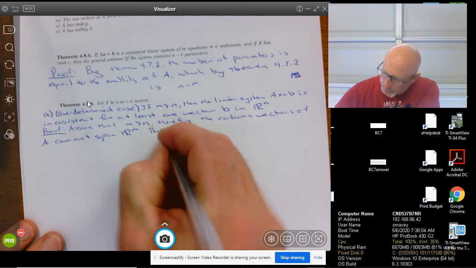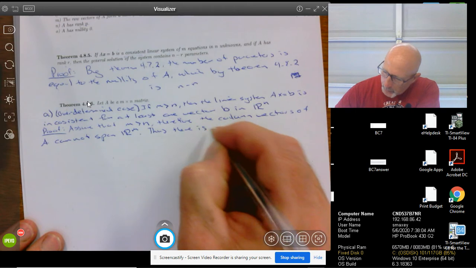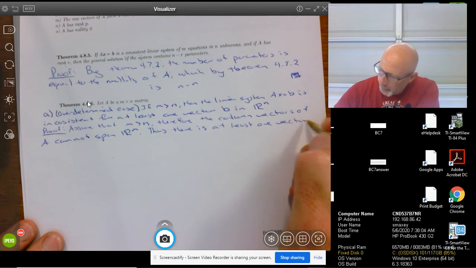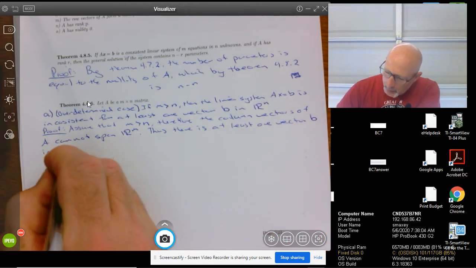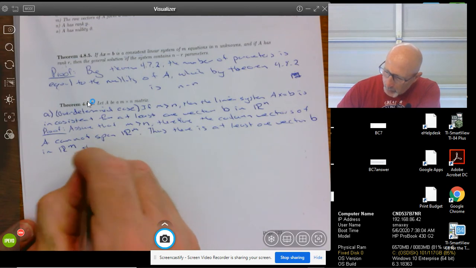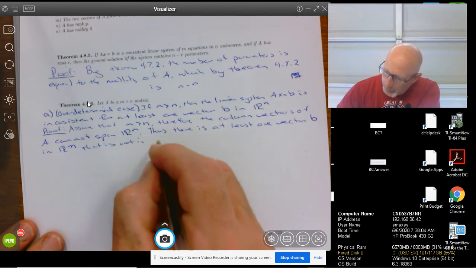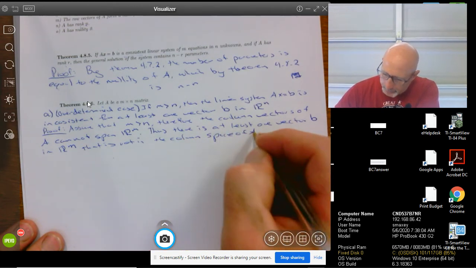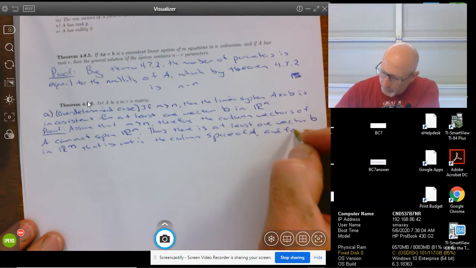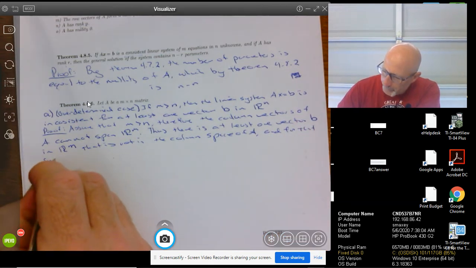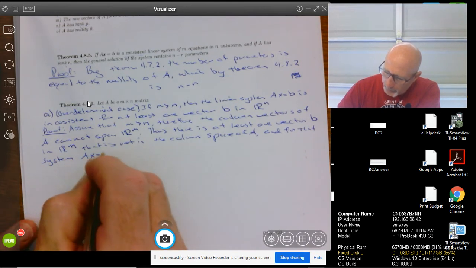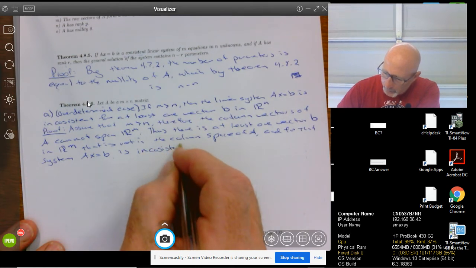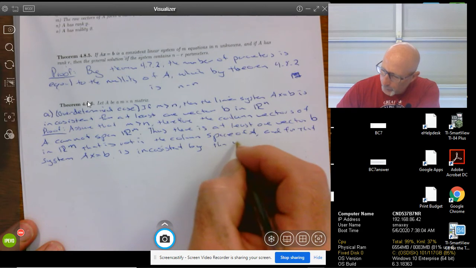Thus, there is at least one vector b in Rm that is not in the column space of A. And for that, the system Ax is equal to b is inconsistent by theorem 4.7.1.